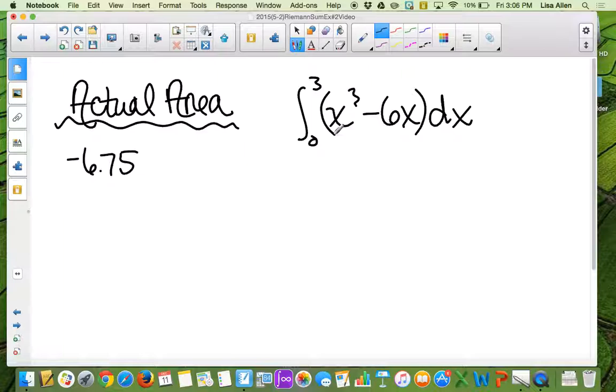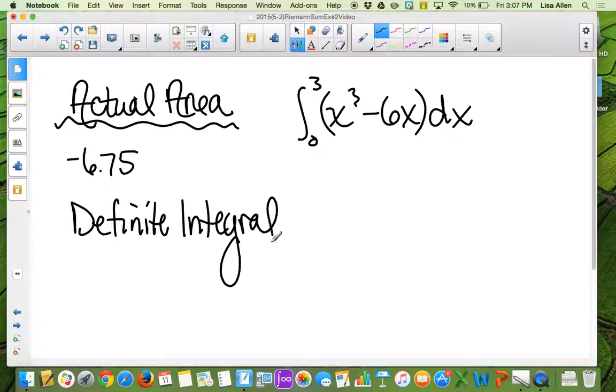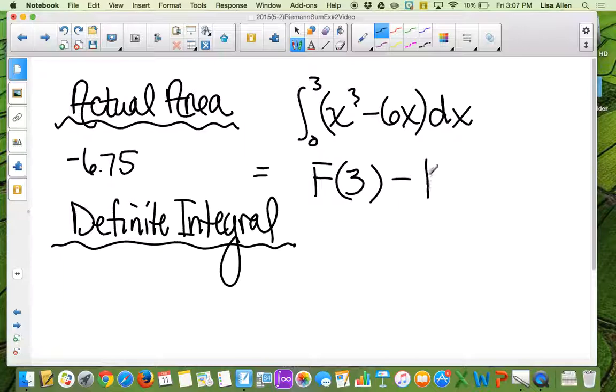So then to find this, we computed the definite integral. The definite integral, if you recall from class, was equal to the antiderivative evaluated at 3 minus the antiderivative evaluated at 0.